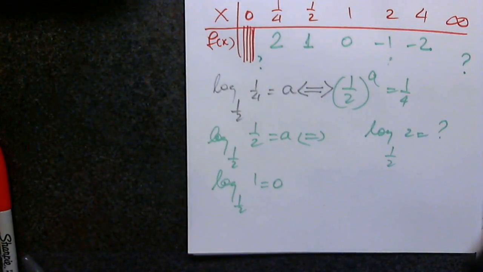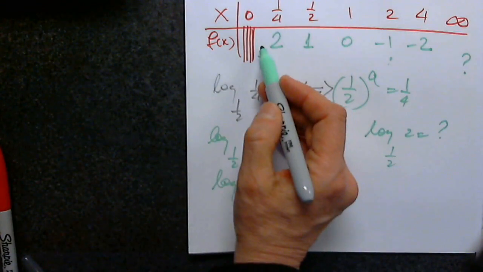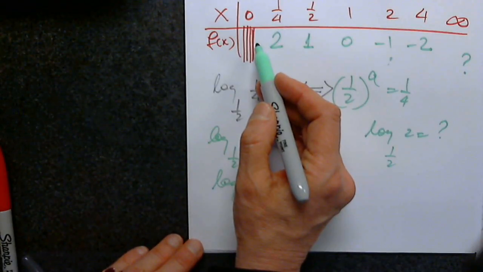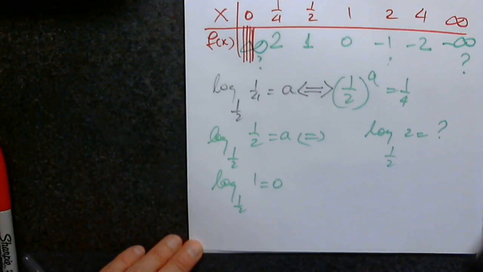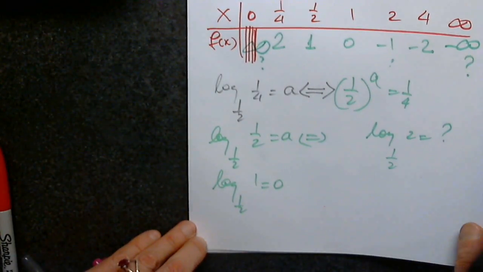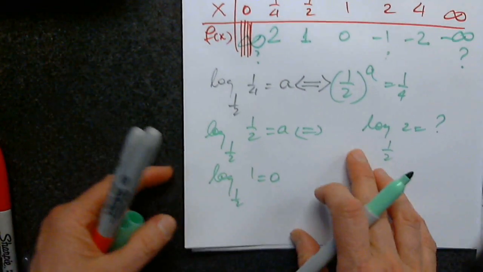And I'm thinking now. So log is the inverse of exponential. Exponential is defined on all real numbers. It returns 0 to infinity. Log is applied to 0 to infinity and must return all real numbers. Correct.